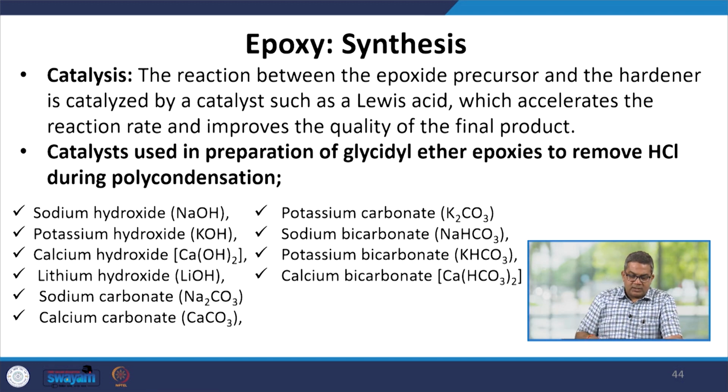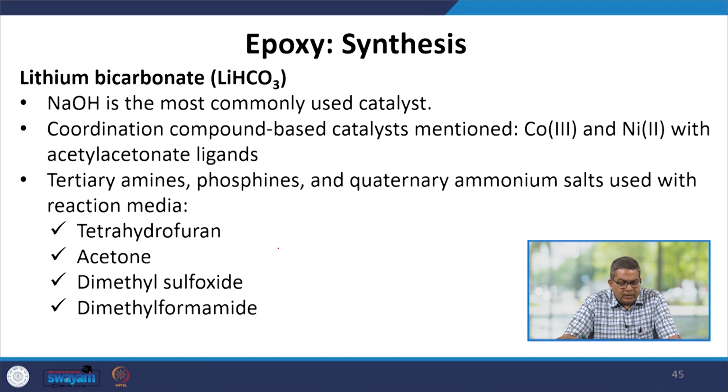So, there are various things being used like sodium hydroxide, potassium hydroxide, calcium hydroxide, lithium hydroxide, sodium carbonate, calcium carbonate, potassium carbonate, sodium bicarbonate, potassium bicarbonate and calcium bicarbonate. So, these can be used for the same. Lithium bicarbonate is one of the popular and most commonly used catalysts.